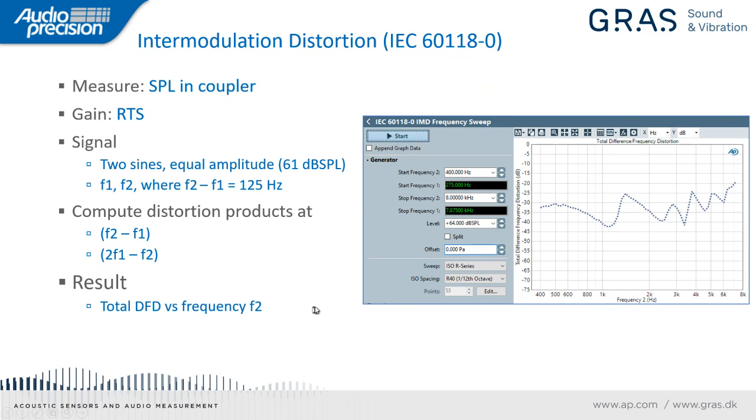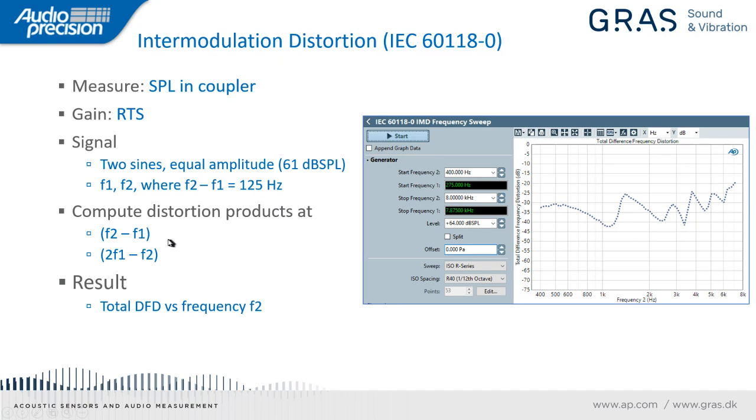In the case of IEC 60118 Part 0, it's called intermodulation distortion, but it's very much the same measurement. Here again, you have 2 sines at equal amplitude. In this case, they're just 1 dB different in level. Here, the frequencies are F1 and F2, where F2, being the higher frequency, is greater than F1 by 125 hertz.